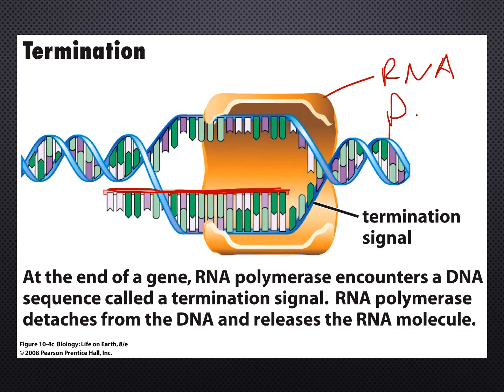The DNA will wind back up into a double helix, and that's essentially it. How do we know when it's at the end of a gene? There's a termination signal, and it's just a sequence of bases, basically. So good enough. At the end of the gene, the messenger RNA carries all the bases that are part of that gene.